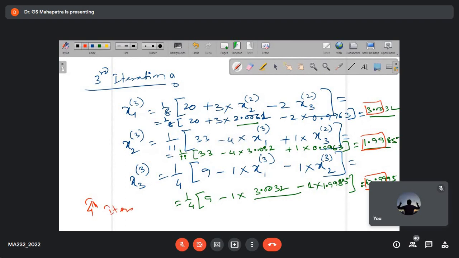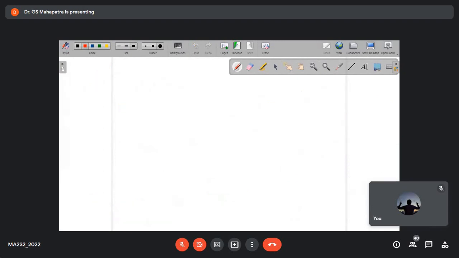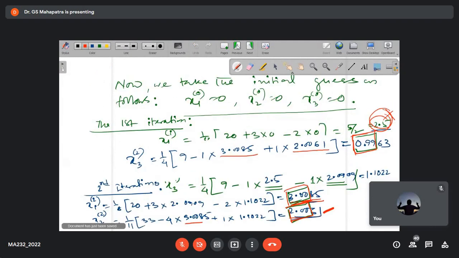Now in the 4th iteration you will be getting, let us say, the answer x14, x24 and x34. Surely correct up to 2 decimal places. If it is that type of criteria, then you can stop there.